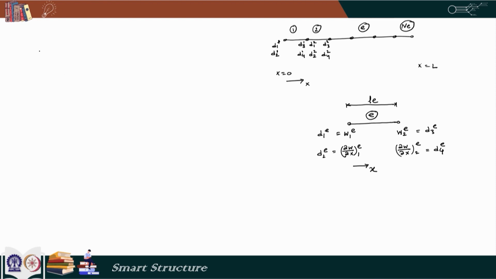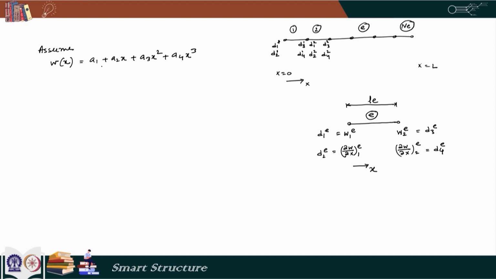Now, let us assume the W displacement at element number E as A1 plus A2x plus A3x square plus A4x cube.